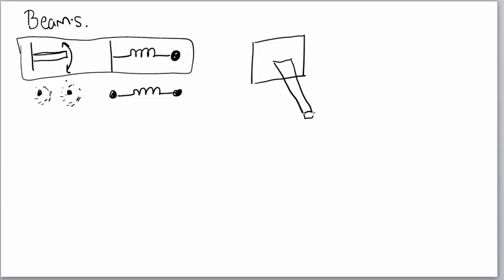It's hard for me to draw this here, but you can see it has some thickness. Okay, so it's going to have some length L, some width W, and some thickness T.